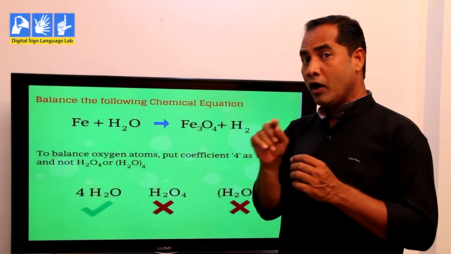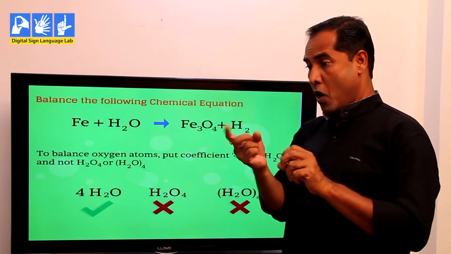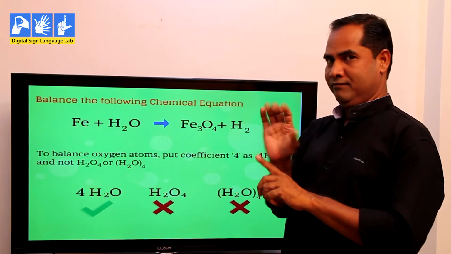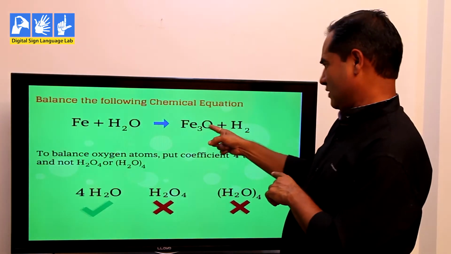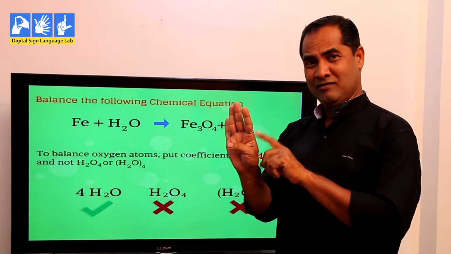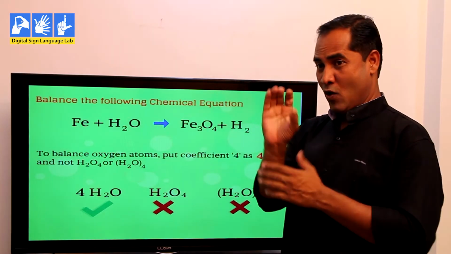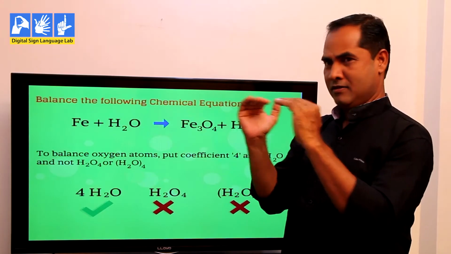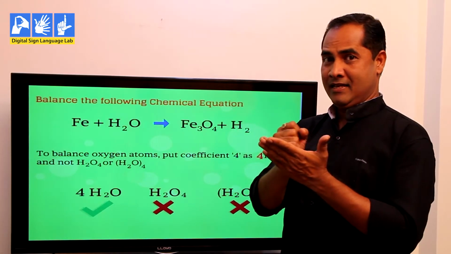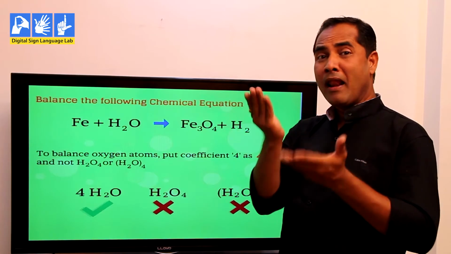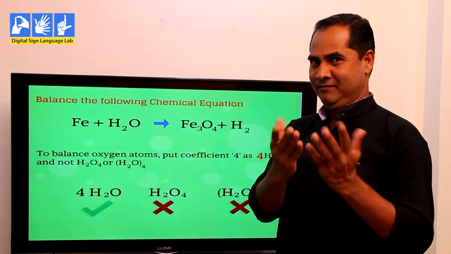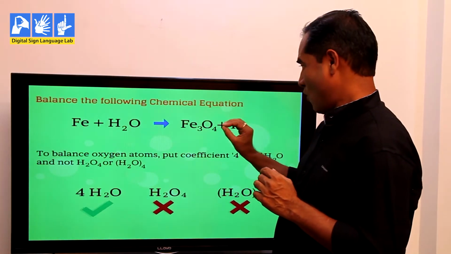So first we look at the equation and at the different chemicals, which one has the highest number of atoms. So we see here O4. On left hand side it's only 1. So we'll first try to balance this. Now how do we do that? I'm going to explain that.